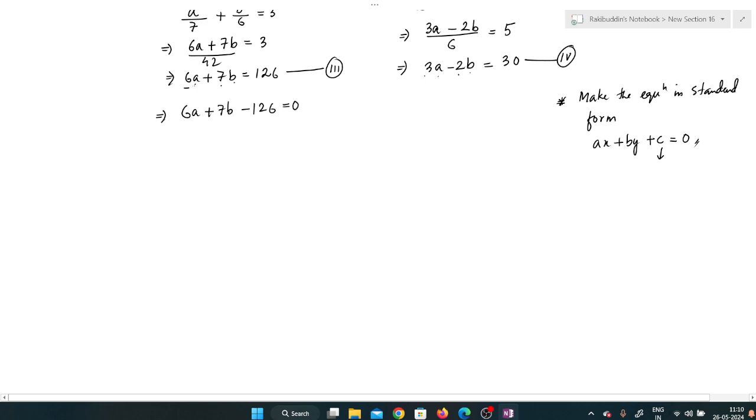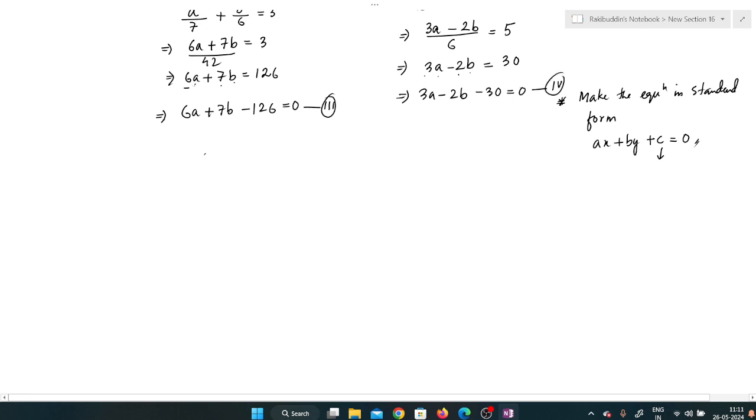Before, I had numbered it as 3, I will number it here because this is what I will use. So this equation will become 3a minus 2b minus 30 is equal to 0. So this is your equation 4.